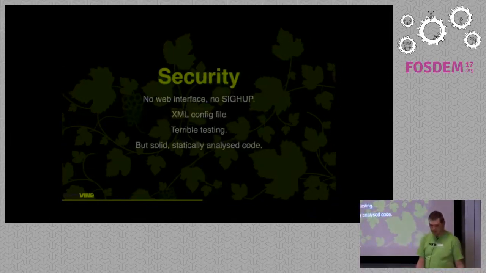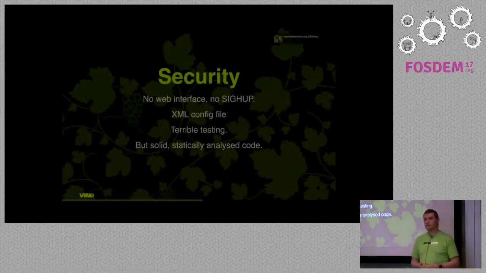No other reason really. Security: there is no web interface. It's just a straightforward flat config file. You edit it with operating system security. There isn't even any SIGHUP support, because when I looked at it, working out exactly which connections had to be restarted for a given config change, I simply thought was too high a risk, so that's gone.